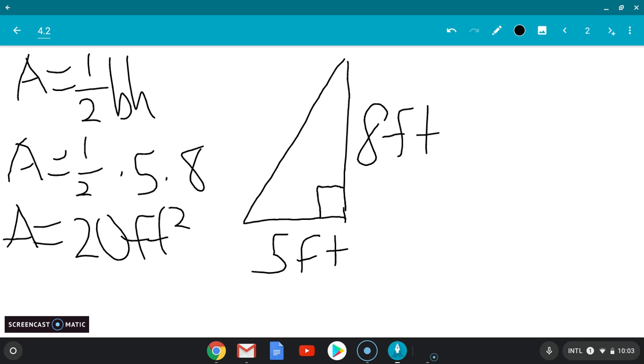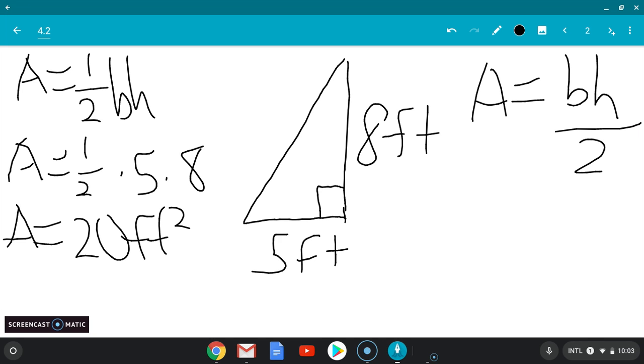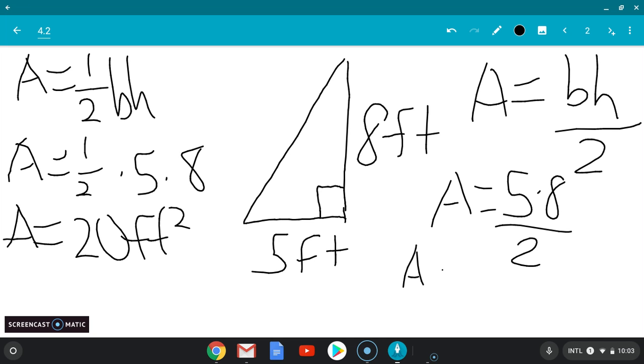Conversely, if I use my other way of writing the formula, base times height divided by 2, I end up doing area equals 5 times 8 divided by 2. Area equals 40 divided by 2. 5 times 8 is 40.